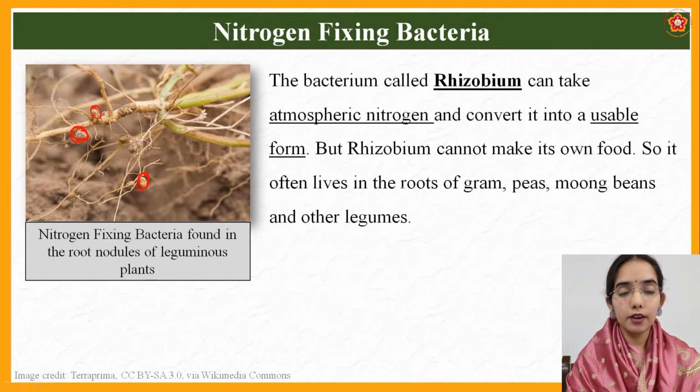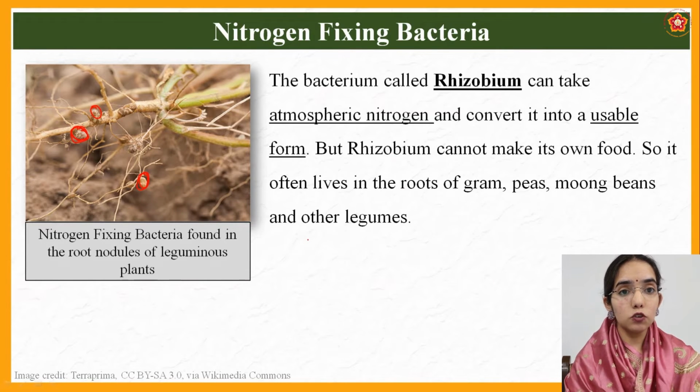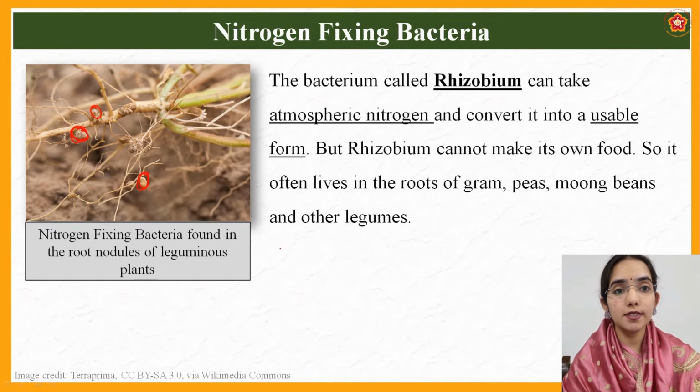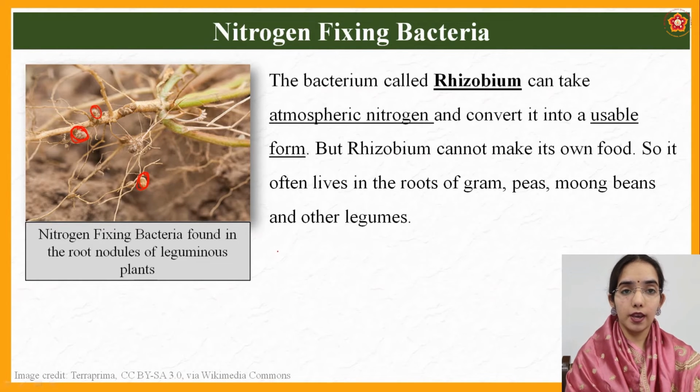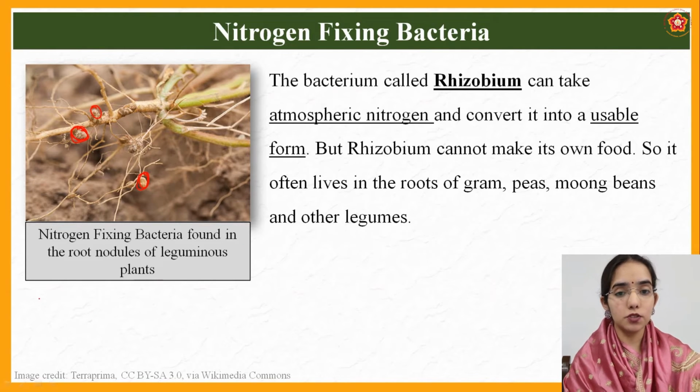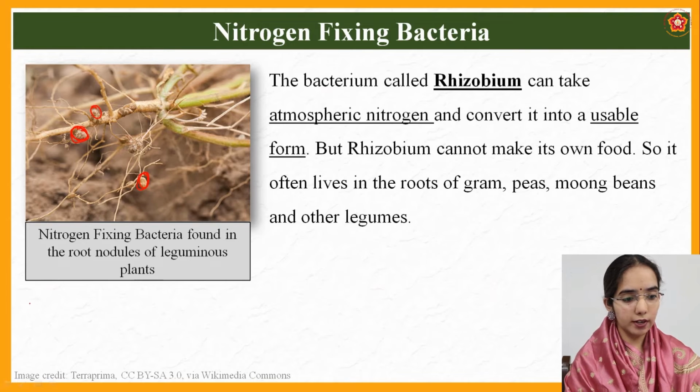We have also studied that rhizobium cannot make its own food. So if it cannot make its own food, how will it survive? Again over here they follow symbiotic association. So what happens?